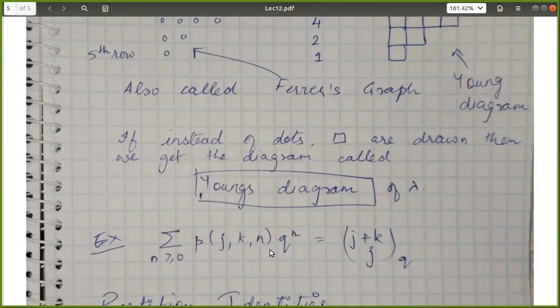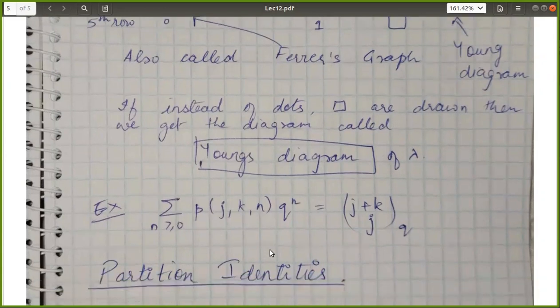Now, we move to the last topic of this unit, which is partition identities. Obviously, we have already been dealing with different ways of partitioning and different representations for the partitions of a natural number.